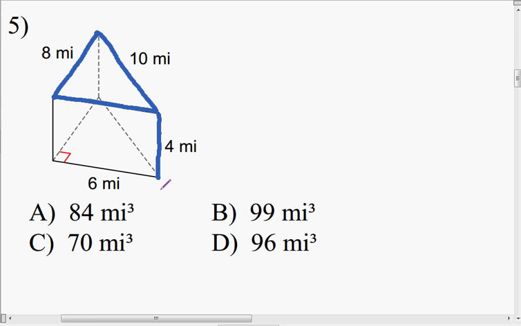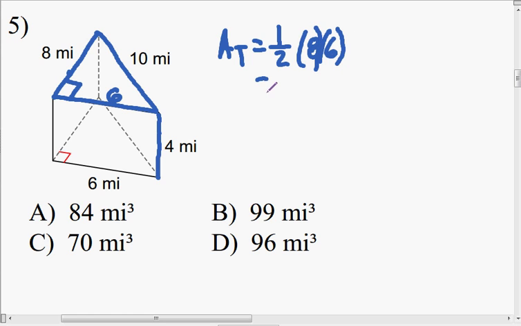So I know I have a triangle down at the bottom, and my triangle on the top is the same as the triangle on the bottom. So I know that this distance is 6, this distance is 8, and I can do the area by doing area of the triangle equals 1/2 times 8 times 6.